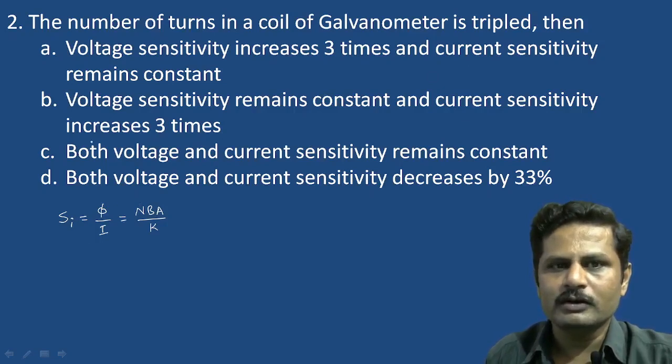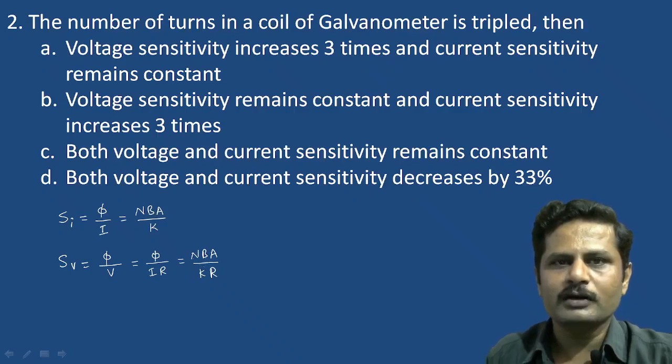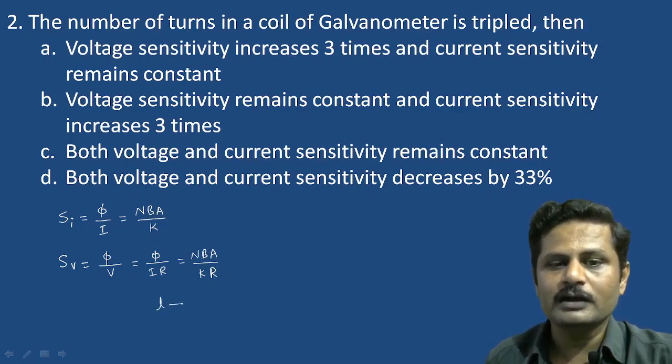Now let's check the voltage sensitivity. Voltage sensitivity is the deflection produced in the galvanometer per unit voltage. Already we know that V equals IR, and we have just written psi by I. Psi divided by I is nothing but NBA divided by K, and here we have R. As the number of turns increases, there will be a change in the resistance, because the length of the conductor increases.